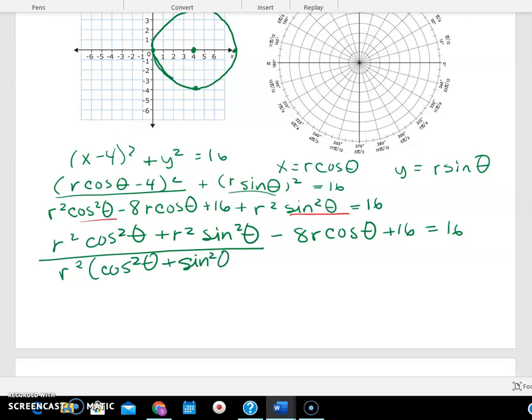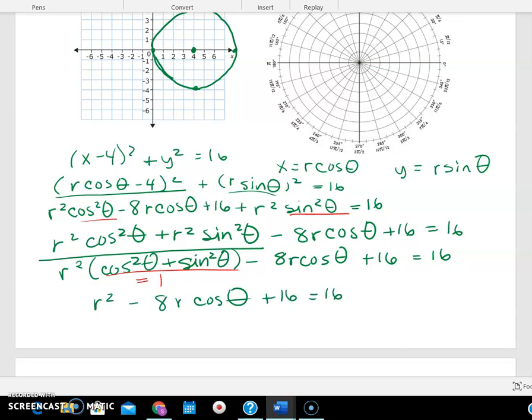Well, if you remember the Pythagorean identity, sine squared plus cosine squared equals 1. So this is equal to 1, and r squared times 1 is just r squared. So now I have r squared minus 8r cosine theta plus 16 equals 16, and we're going to subtract 16 from both sides. And now I get r squared minus 8r cosine theta equals 0.